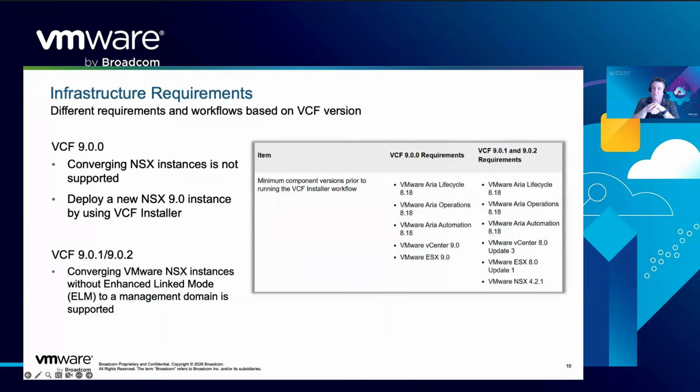Okay, so for the import process, or import and converge process, we do have some requirements. Depending on your VCF version, there will be different requirements. We're going to jump into some of these requirements in the demos. Effectively, there are different requirements potentially if you're on or going to 9.0 versus 9.0.1, 9.0.2 or beyond.